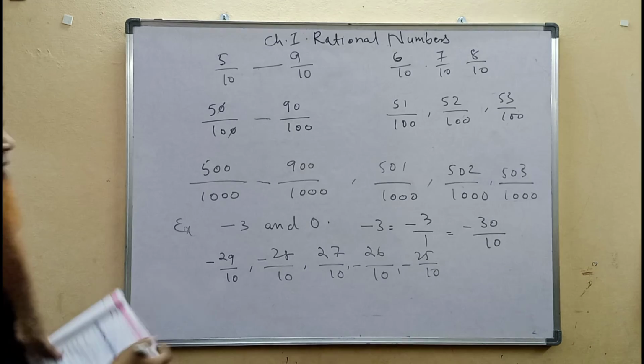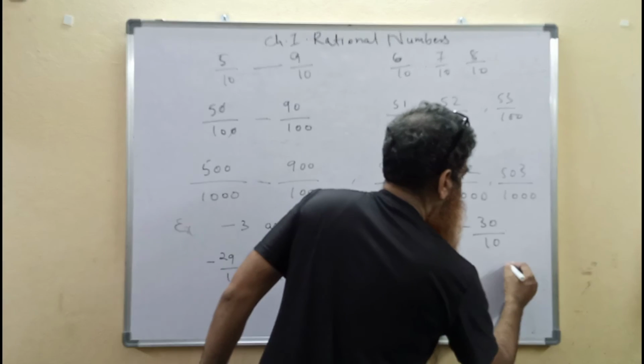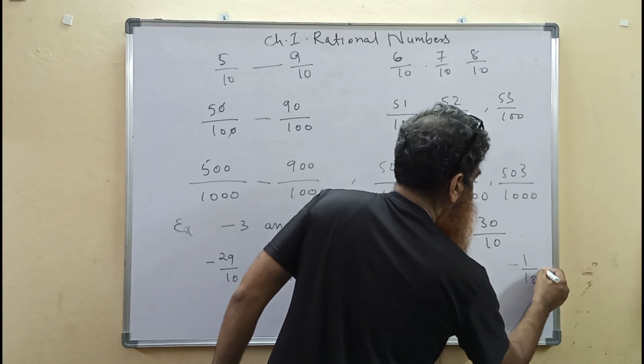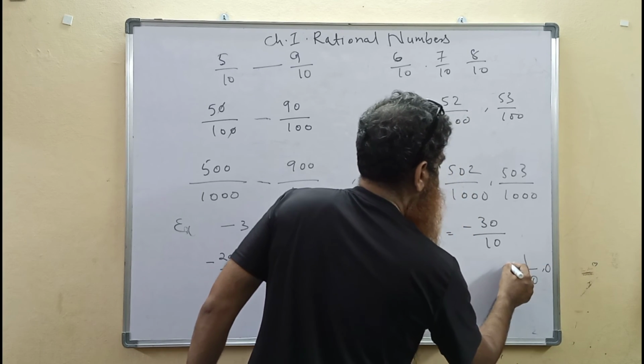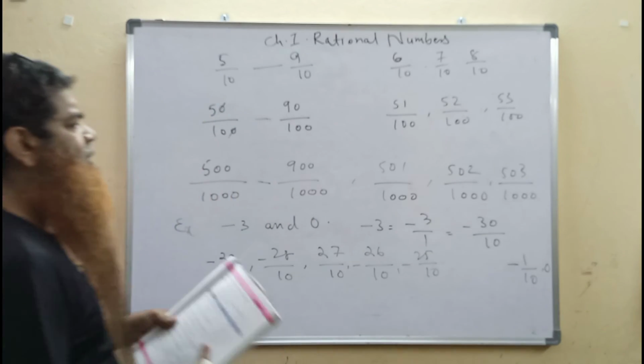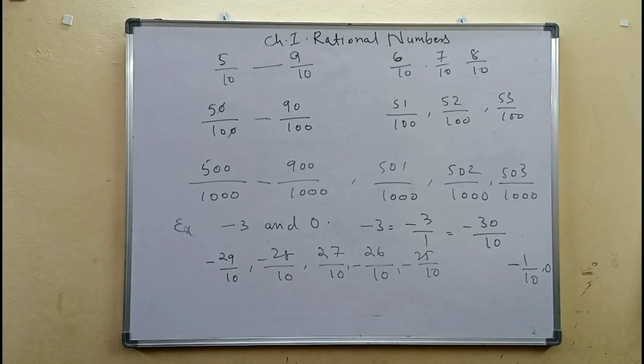We can go on until -1 by 10 before 0. So we can write so many rational numbers in between -3 and 0. So that concludes our examples. Before embarking on exercise 1.2, in the next video we will come back with exercise 1.2.